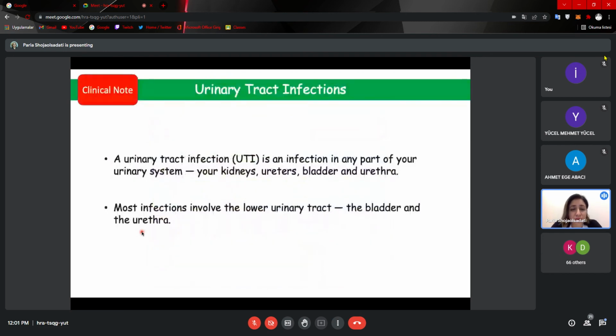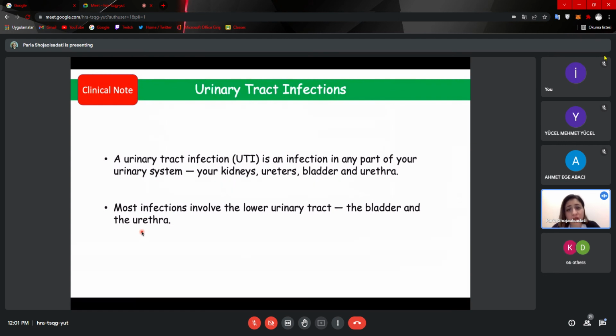Another thing I'd like to talk about is urinary tract infection. A urinary tract infection is an infection in any part of your urinary system, maybe in the kidney, ureters, bladder or urethra.